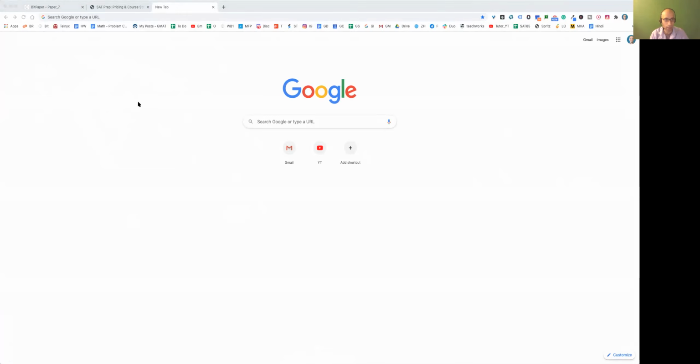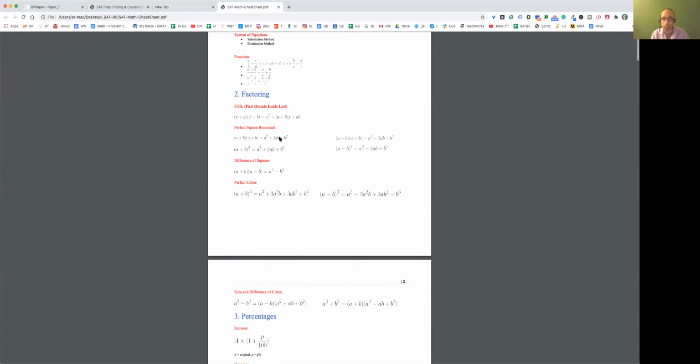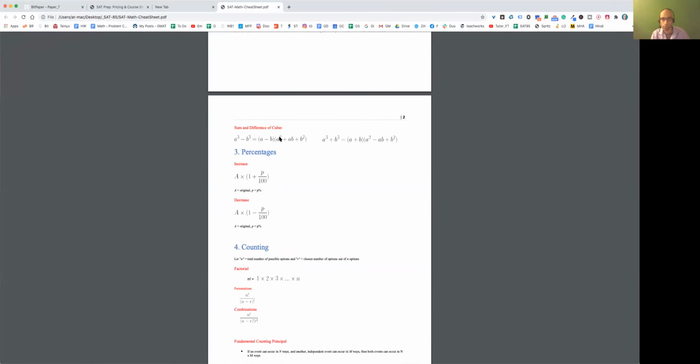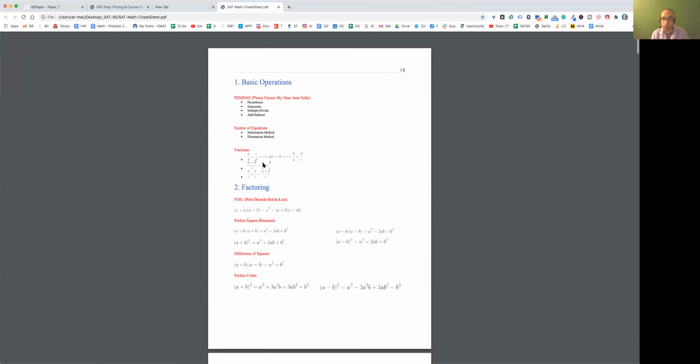So here it is. Here's how the cheat sheet looks. It's got basic operations, that's easy for you.